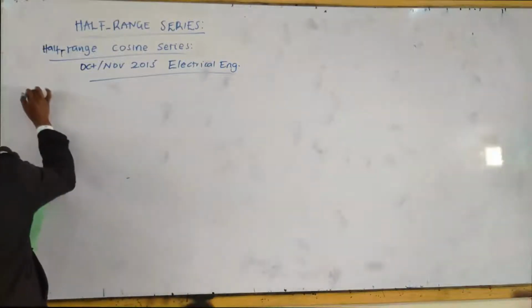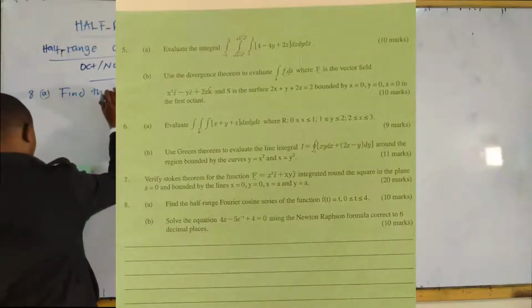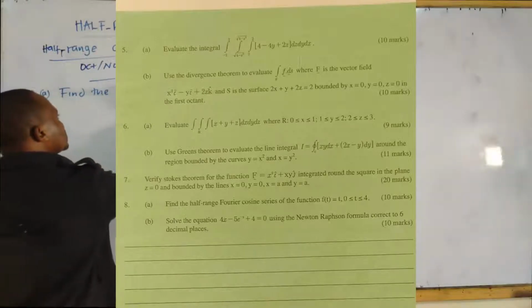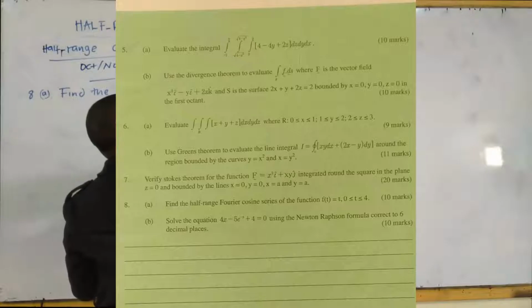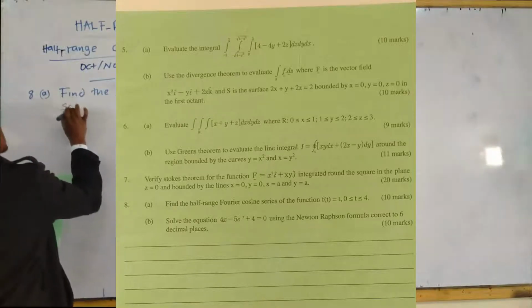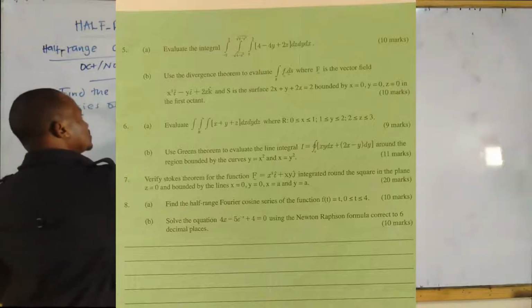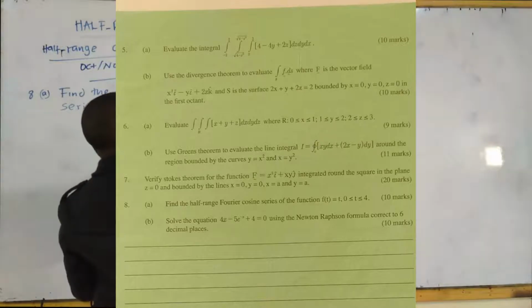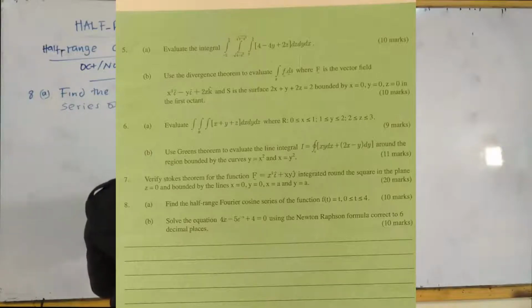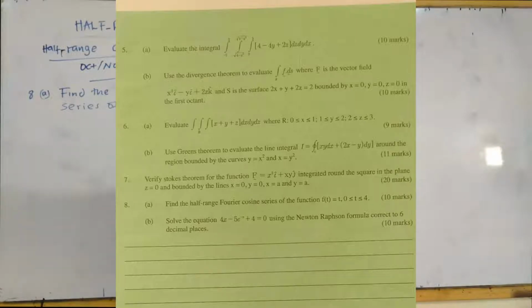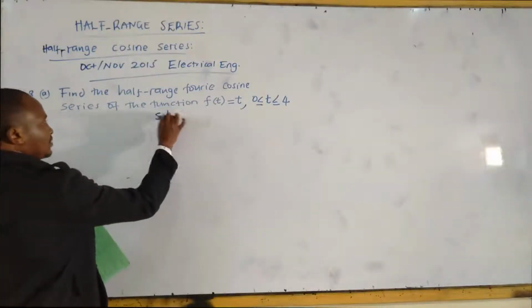Question A: find the half-range Fourier cosine series of the function f of t equals t between 0 and 4.